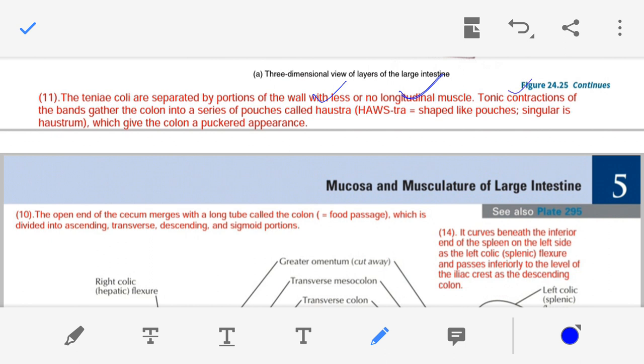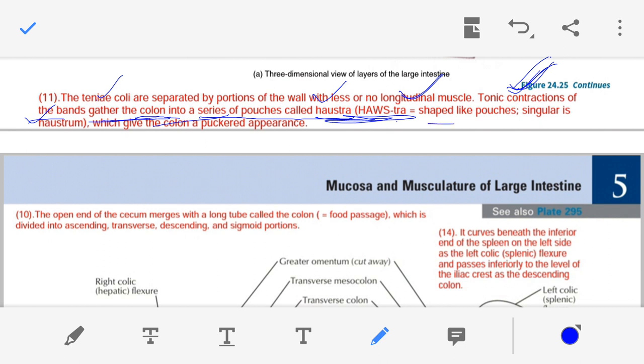Now all three tenia coli together contract, that is the tonic contraction. So due to the tonic contraction of the tenia coli, the entire colon is gathered into a series of pouches, and these pouches are known as the haustra.